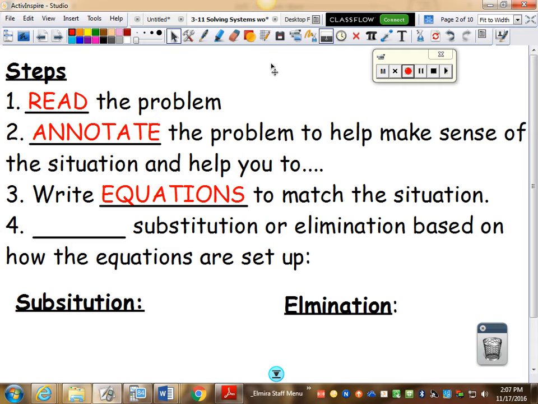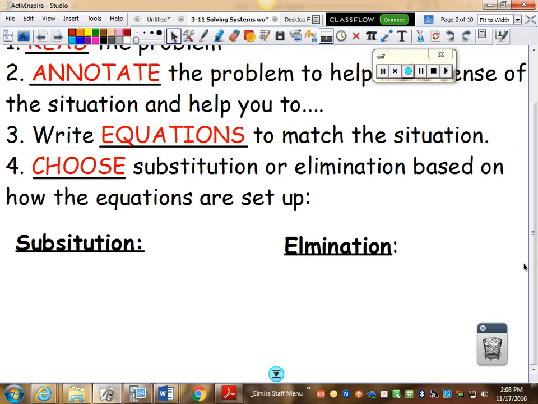And then, once you have equations written, you need to choose what method is going to help you solve the equations best. You can always use substitution. You can always use elimination. But the way that the equations are set up to begin with will make one method easier than the other.